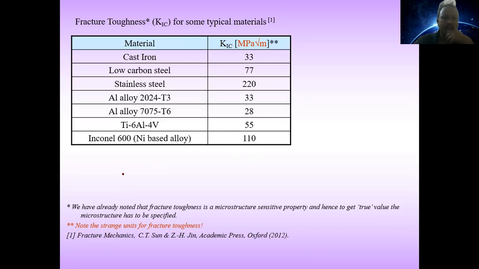So we have already noted that fracture toughness is a microstructure-sensitive property, and hence to get true values, the microstructure has to be specified. This is referred from Fracture Mechanics by C.T. Sun and Z.H. Jin, Academic Press, Oxford, 2012. So these values are taken from there.